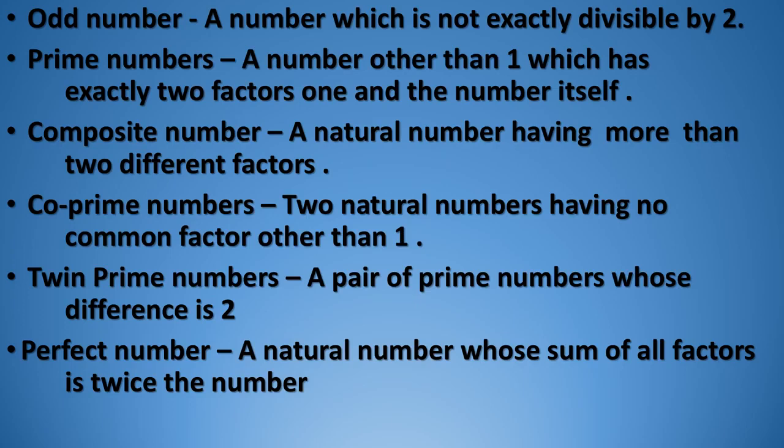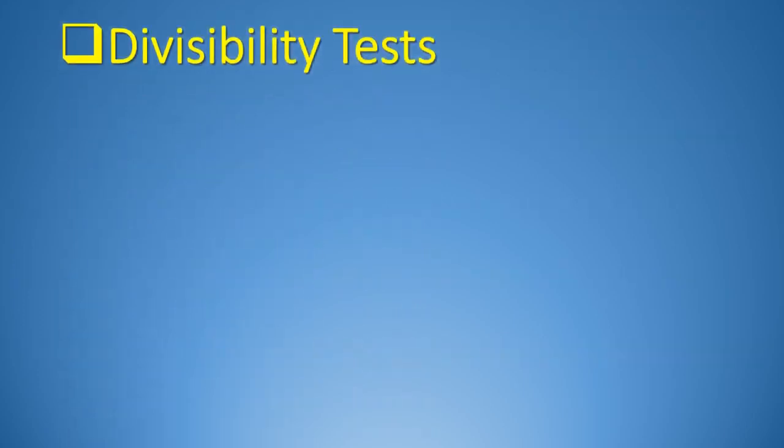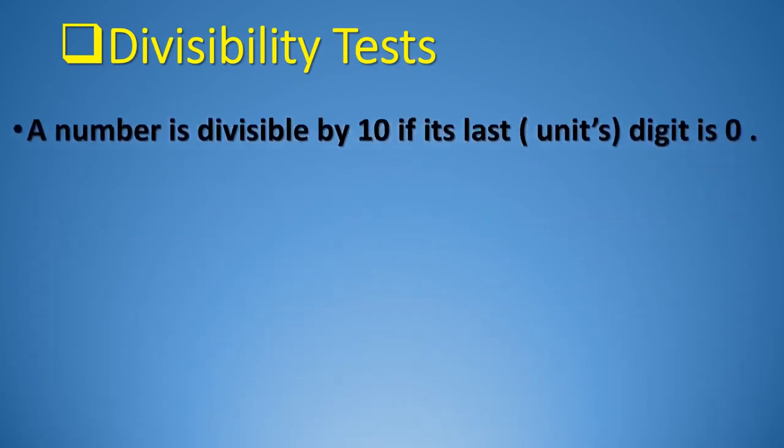After that, we have done divisibility tests. Divisibility rule of 10. A number is divisible by 10 if its last digit, or we can say unit digit or ones place digit, is 0. Divisibility rule of 5.